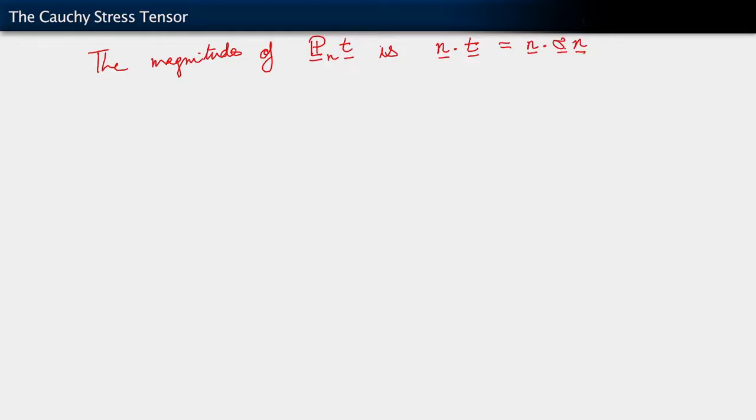So this means that you take any direction n, you form that quadratic product with sigma, and it gives you the normal component of the traction in the direction n. All right.